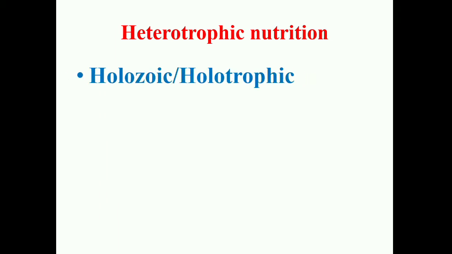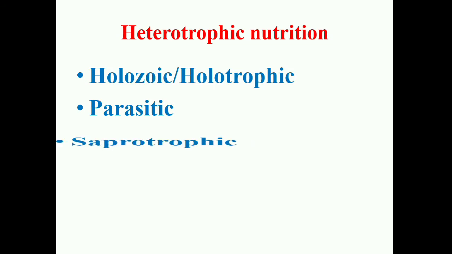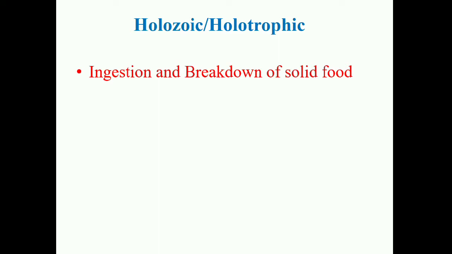Now the second type of nutrition is heterotrophic nutrition, where organisms are dependent on others, plants or animals, for obtaining their food. They can be holozoic or holotrophic organisms. They can be parasitic or they can be even saprotrophic. Now in holozoic or holotrophic nutrition, organisms ingest and break down solid food inside their body.